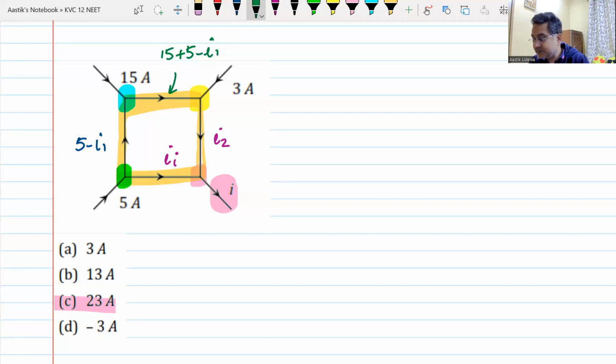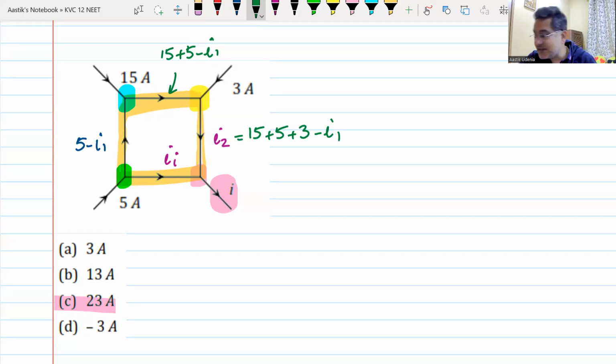Yes, sir. And then we have input current here and input current here. So this I2 will actually become 15 plus 5 plus 3 minus I1. So basically I1 plus I2 becomes equal to 23.